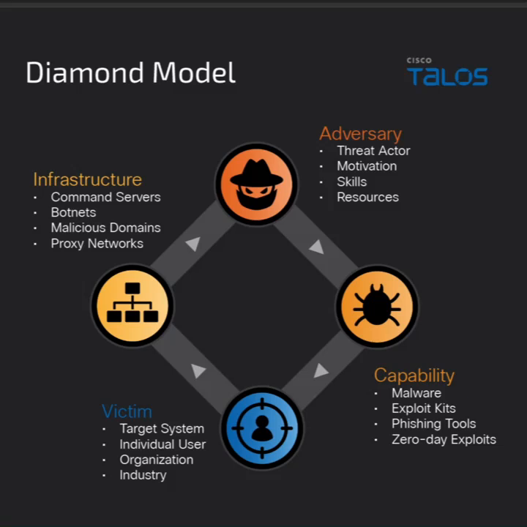The targeted asset in the diamond model is the victim, and the victim could be a system, users, an industry, or an organization. So we start describing and defining the diamond model from the adversary, first defining who the adversary is in simple language and simple terms.